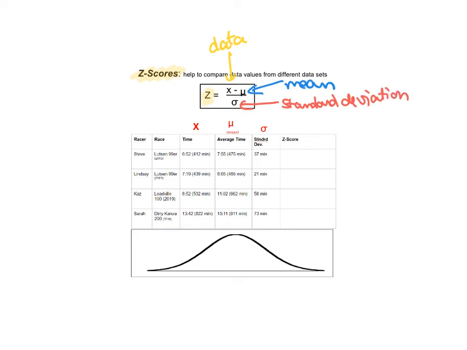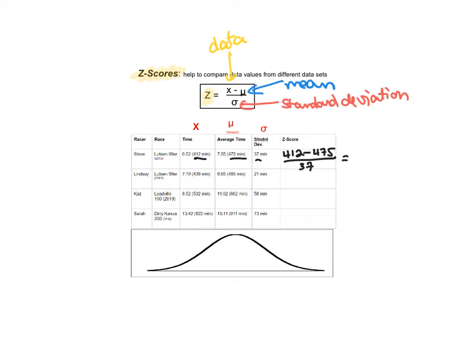You grab a calculator and you take your data point. So Steve's data point is 412 minutes, so we'll write 412. Then we subtract the mean, which is 475, and we divide by the standard deviation. This is not going to give me a perfect standard deviation.